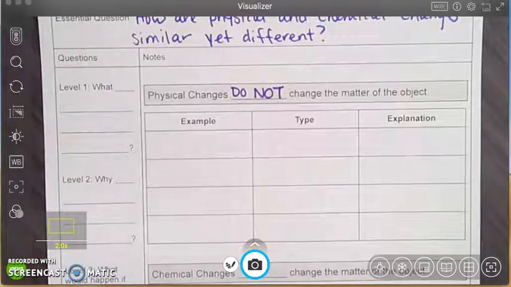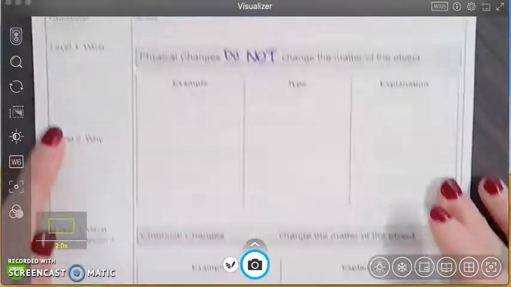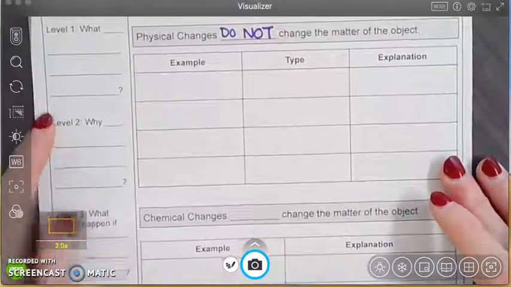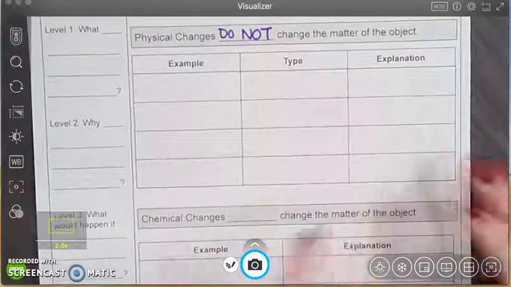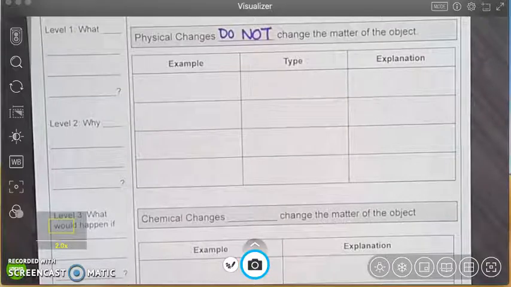The matter itself stays the same, even though it looks different. So I see some examples here. I see example, type, and explanation. We're going to do one together. Then I'm going to have you talk and brainstorm some at a table, make a class list, and then we'll come back and see how you did.